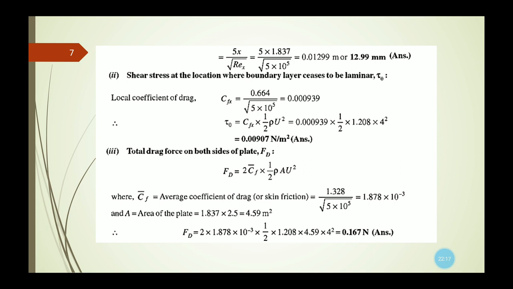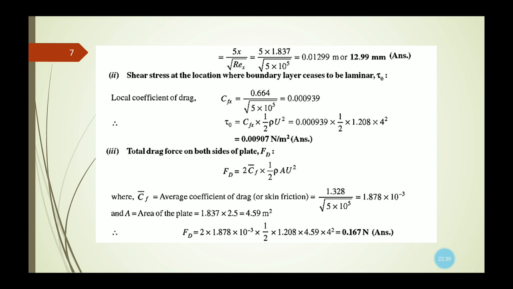The formula for the average drag coefficient or skin friction is 1.328 divided by root under the Reynolds number, which is 5 × 10^5. So it is coming as 1.878 × 10^-3. Now the area of the plate is calculated as length into width, that is 4.59 meters square.